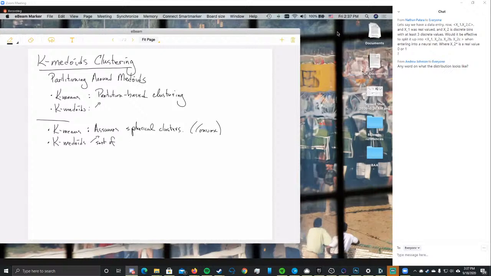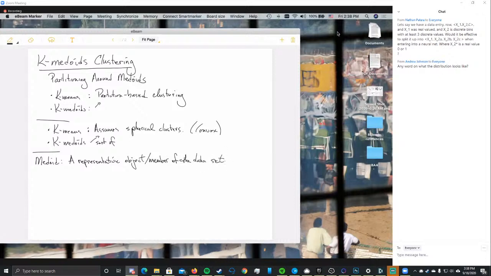And the distinction that we're going to see comes with our definition of what a medoid is. Basically, a medoid is a representative object or member of the data set.